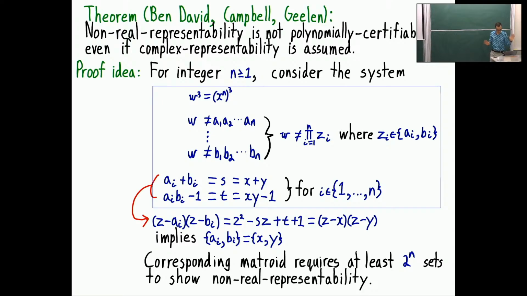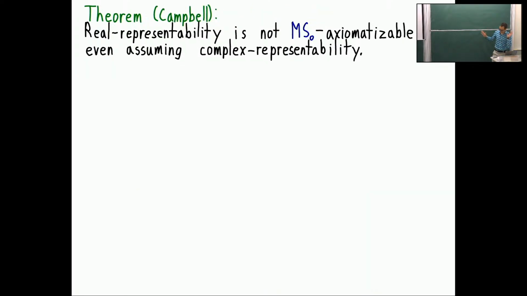Okay, so that's showing that non-real representability is not polynomially simplifiable. The last thing, or first thing I should mention, is that real representability is not finitely axiomatizable, even assuming complex representability.